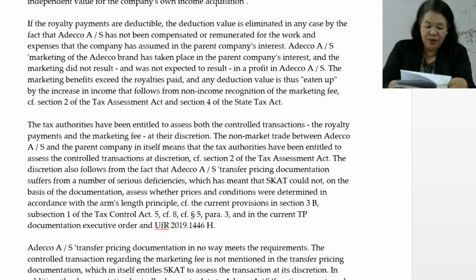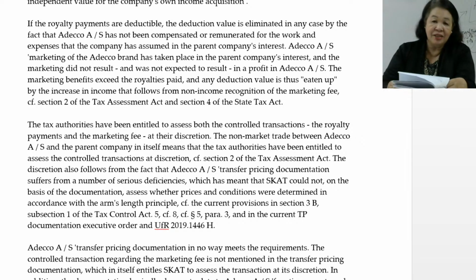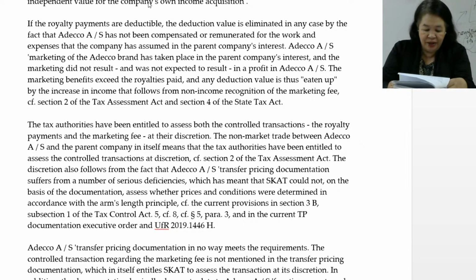The deduction value is eliminated in any case by the fact that Adecco AS has not been compensated or remunerated for the work and expenses that the company has assumed in the parent company's interest. Kasi nga sabi niya, hindi magbabayad yung Adecco sa group kasi yung Adecco naman, hindi rin siya binabayaran ng group doon sa mga serbisyo na ginagawa niya.